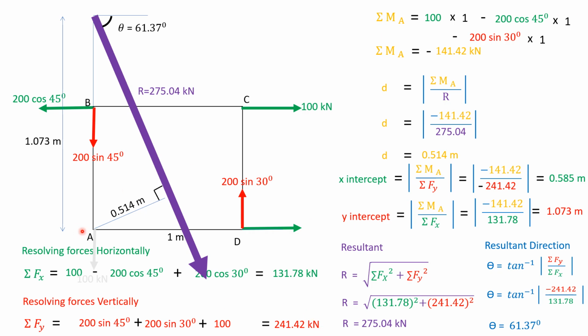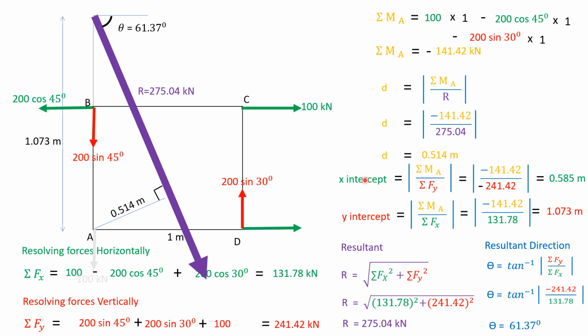Now we have to find the perpendicular distance from point A, which is given by d equal to summation MA by R. Substituting the summation MA value and R value, we get perpendicular distance 0.514 meters.